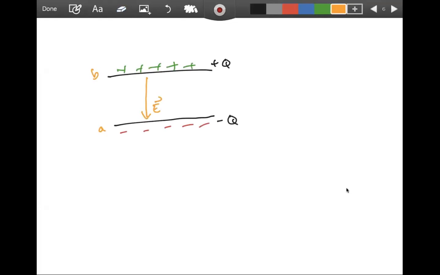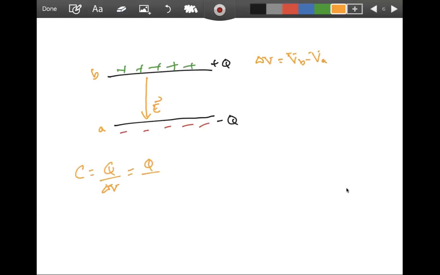What I want to know is my change in potential, which is my potential at B minus my potential at A. The reason I need this is because the capacitance is equal to the charge divided by my change in potential, or just my potential, if I call V at A zero.